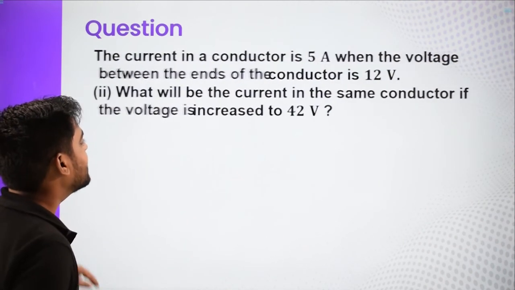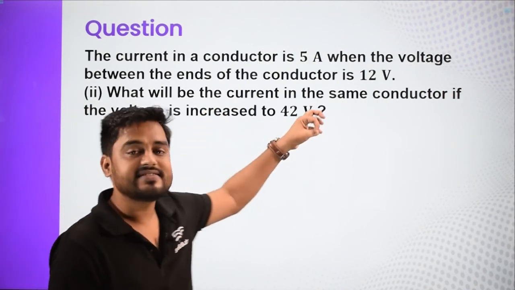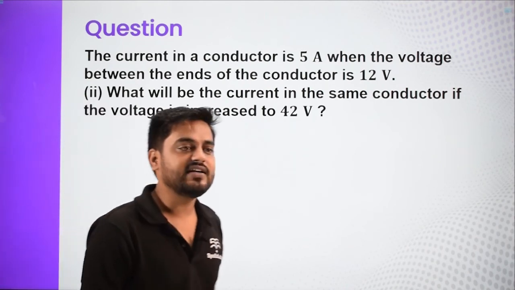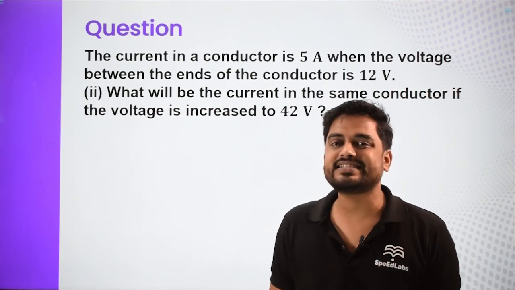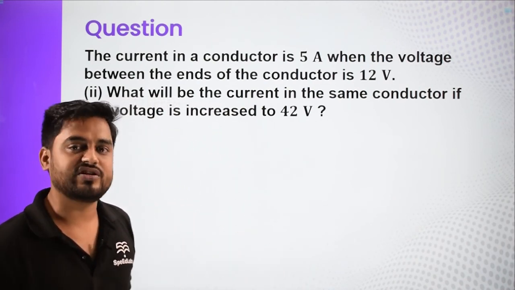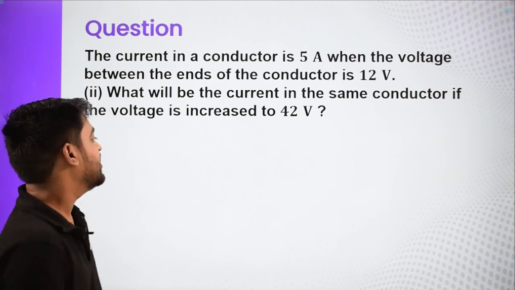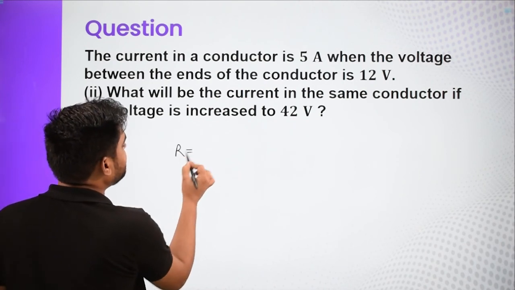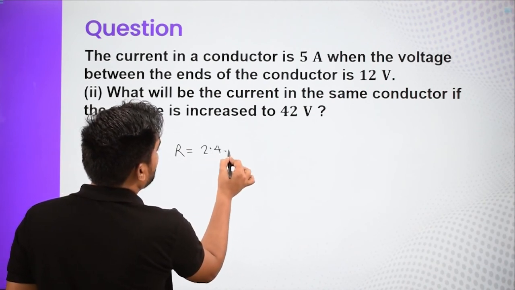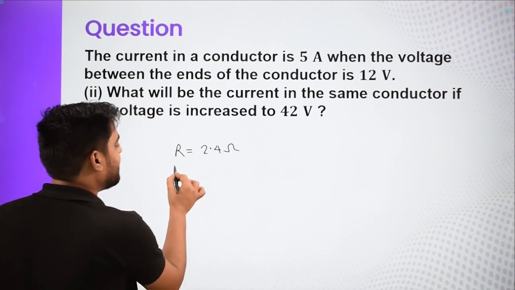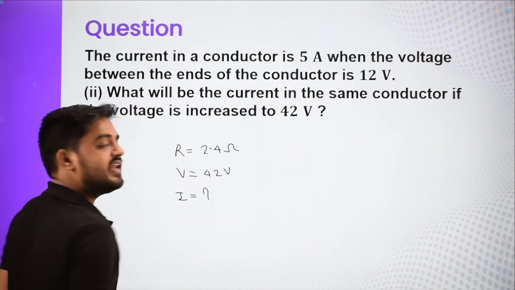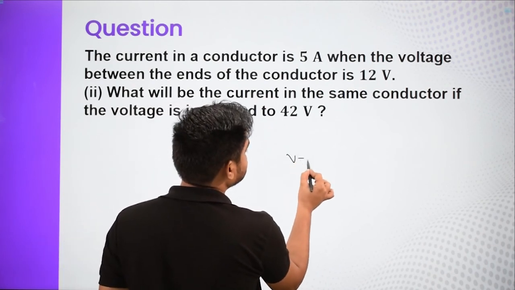Now the next question is, what will be the current in the same conductor if the voltage is increased to 42 volt? Remember that if we are talking about the same conductor, resistance is a constant. Until and unless we change the shape, size or temperature, the resistance is not going to change. So the resistance of the same piece of conductor will remain 2.4 ohm, and the voltage is 42 volt, and now they are asking for the current. So again let us apply V is equal to IR.